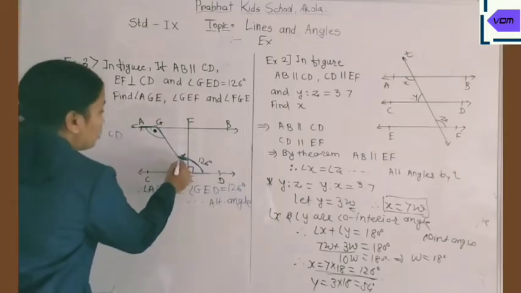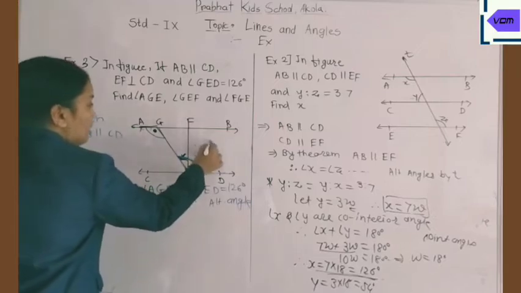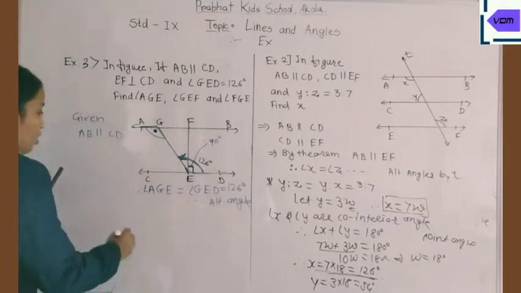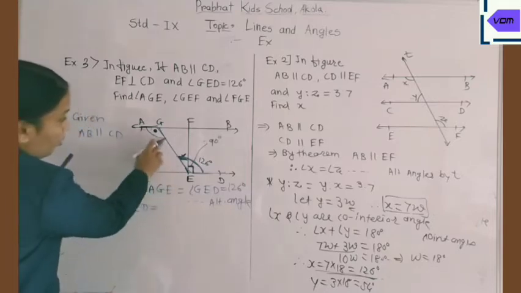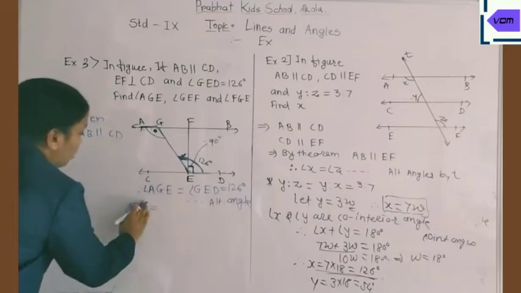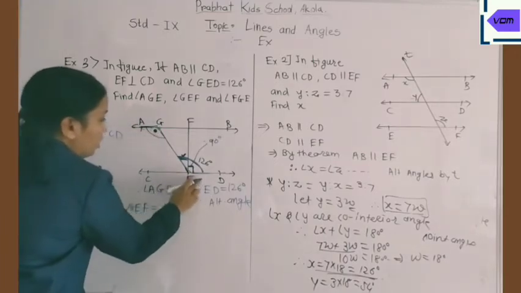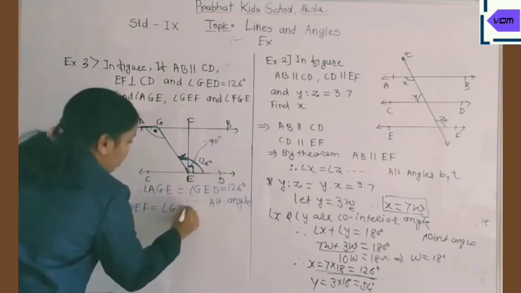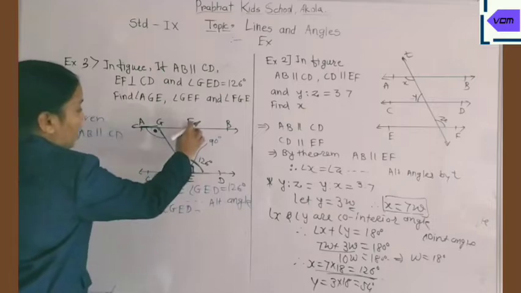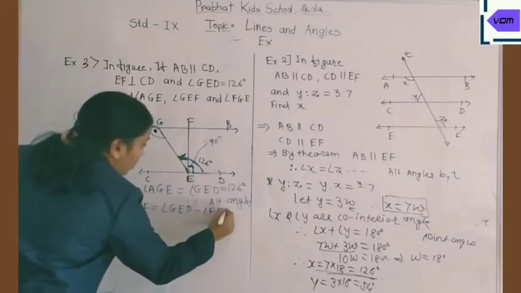Now we have to find this one angle. As you know that this is the perpendicular, this measure is 90 degrees. Now angle GEF is nothing but angle GED minus angle FED.